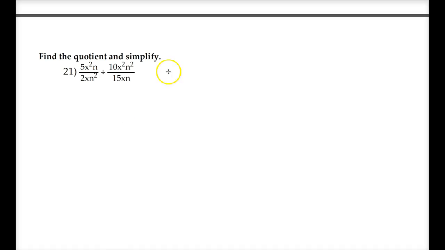Just like how we did in that problem, the first thing that I'm going to do is my best to simplify each factor first. Well, in this case, each quotient. So here I have 5 over 2 times x squared over x times n over n squared.